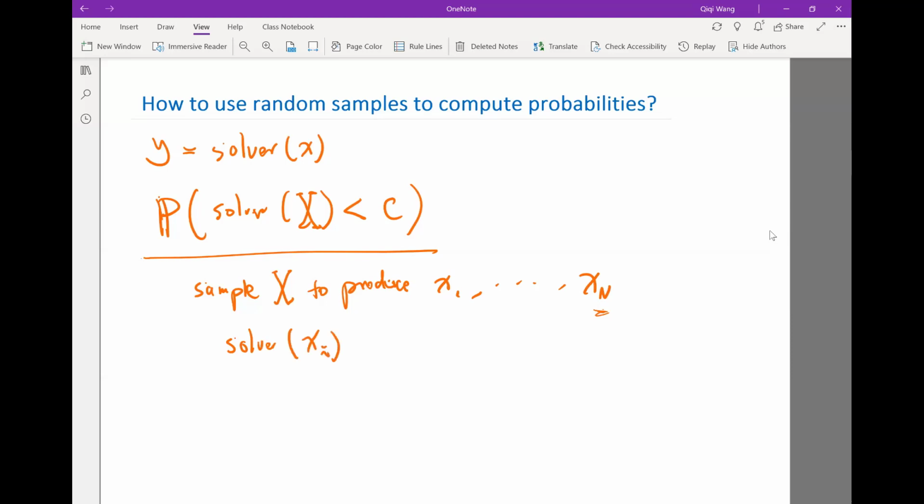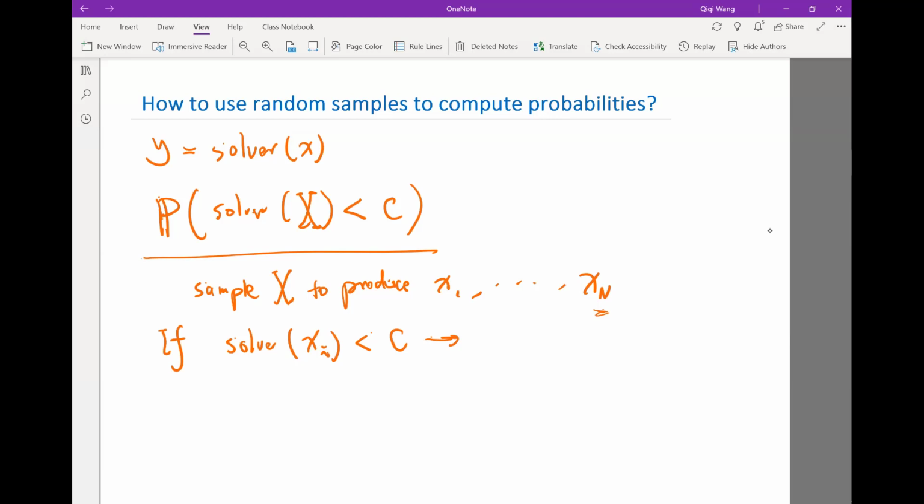And the output being less than C or not, right, can be characterized into a set of 0s or 1s, right? So if the solver output is less than C, let's say the resulting stress is within the specified tolerance, then I produce a 1, right?